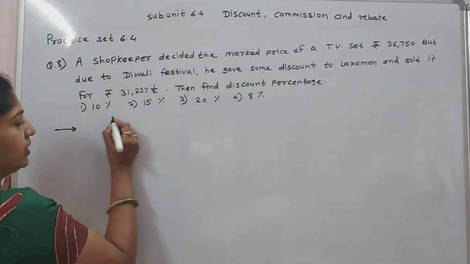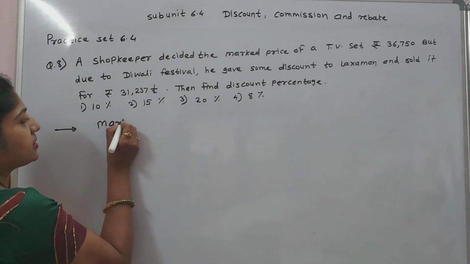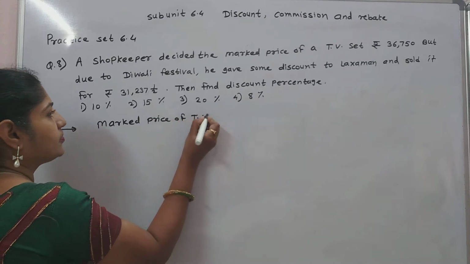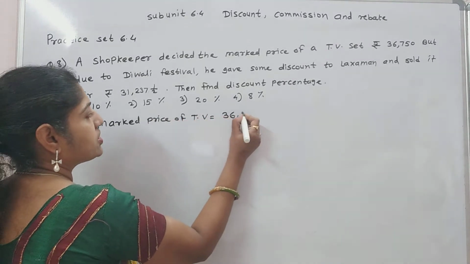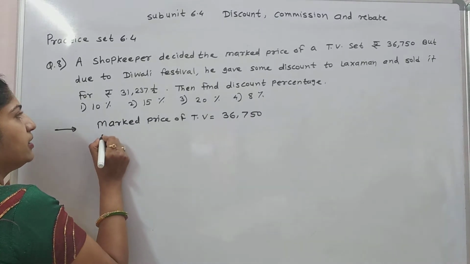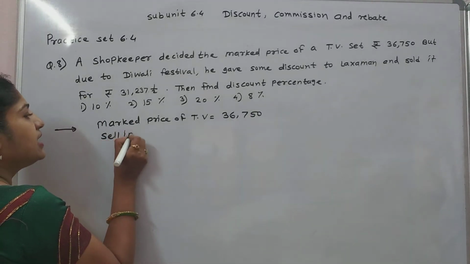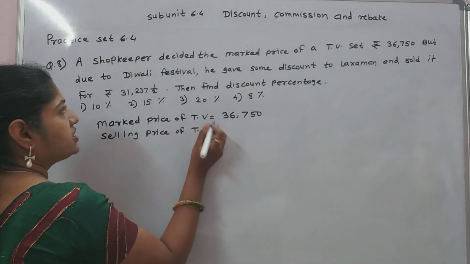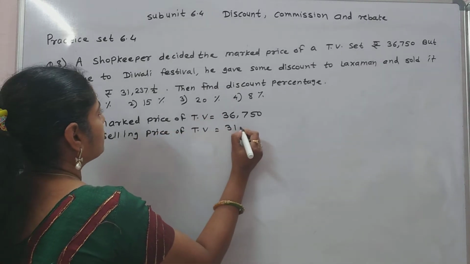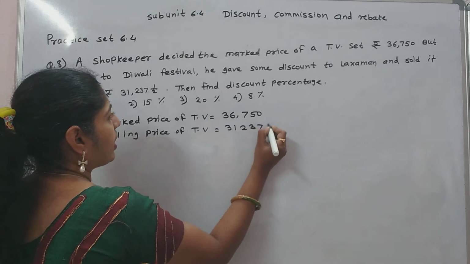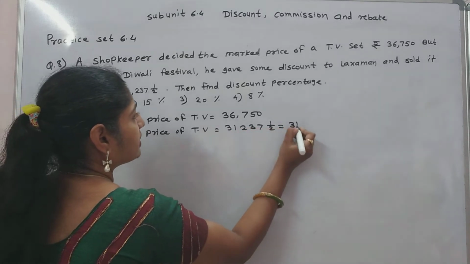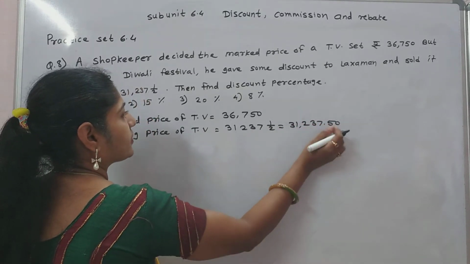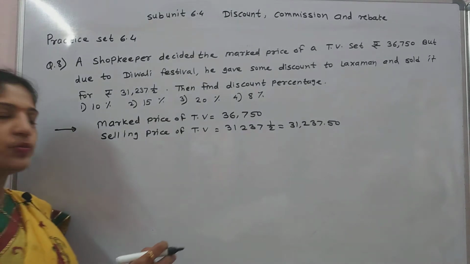What is given here? First, the mark price of the TV is 36,750, and also the selling price is given: 31,237 and a half, that is 31,237.50, where one half means 0.50 rupees.